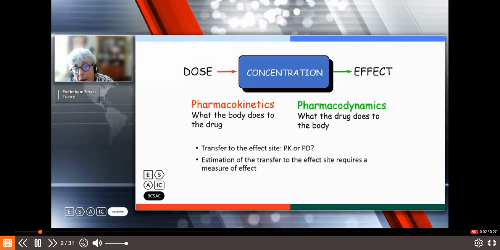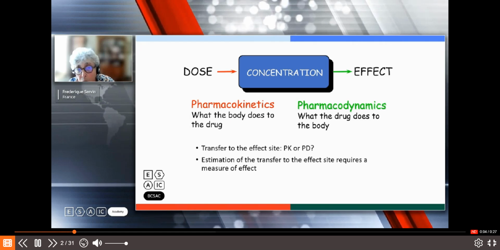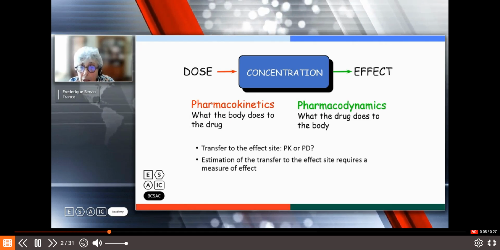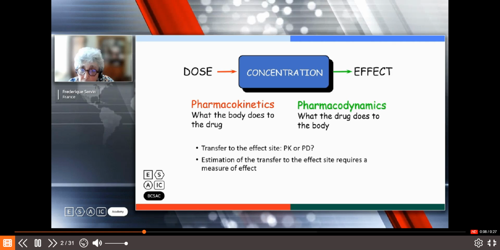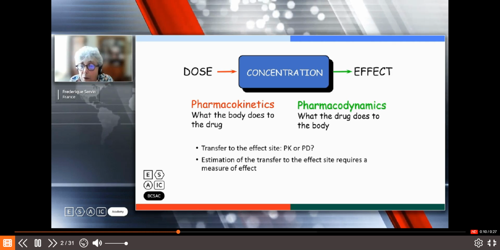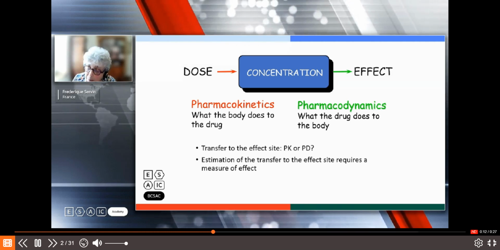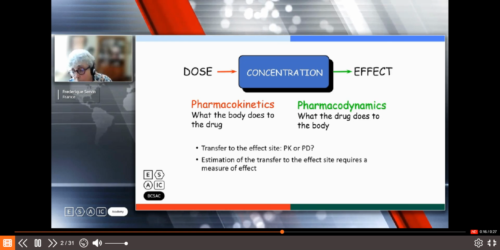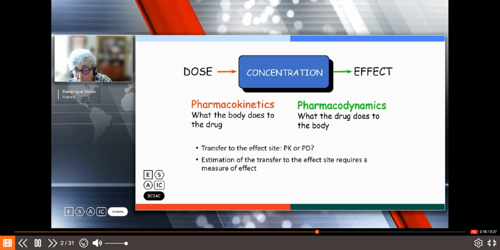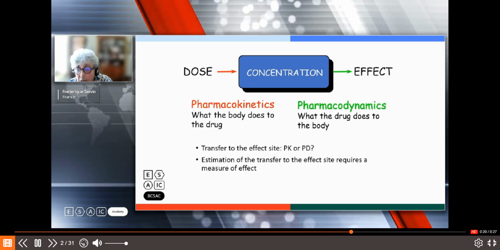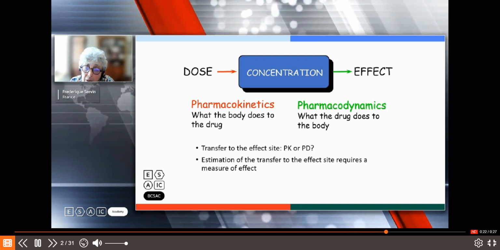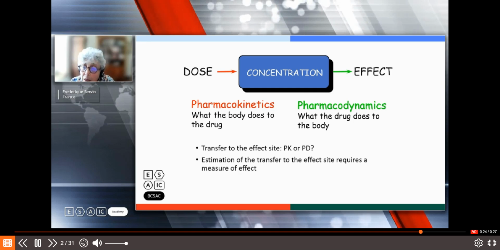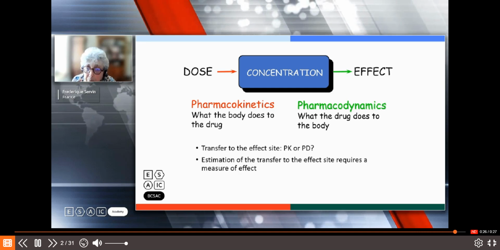If we look back at the slide I showed you previously, we are now dealing with concentration-effect relationships, that's to say pharmacodynamics. And I shall focus on two main classes of drugs which we have in anesthesia: hypnotic drugs and opioids.